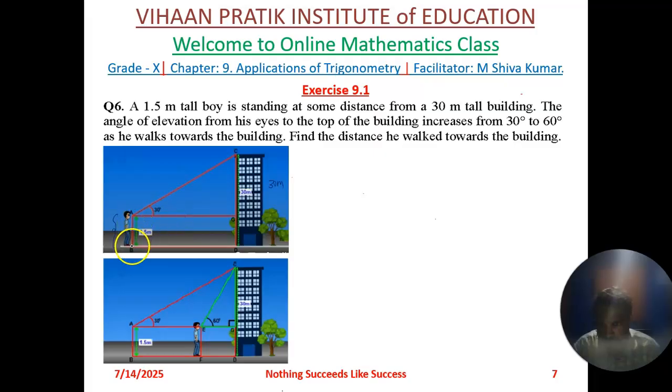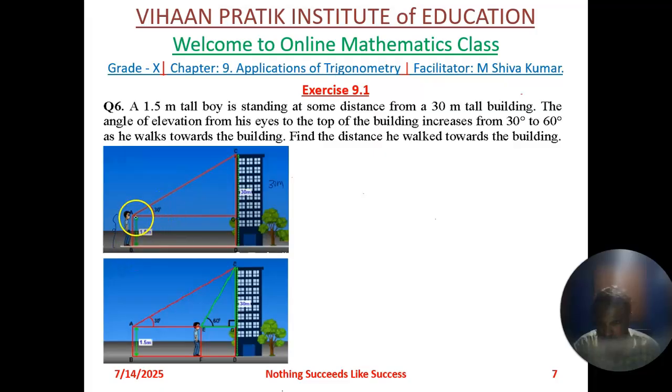Therefore, we have to add the height of the boy, 1.5 meters, from the ground. That is, adding here at the boy in the sense subtracting at the tower. So we should subtract 1.5 meters from 30 meters.